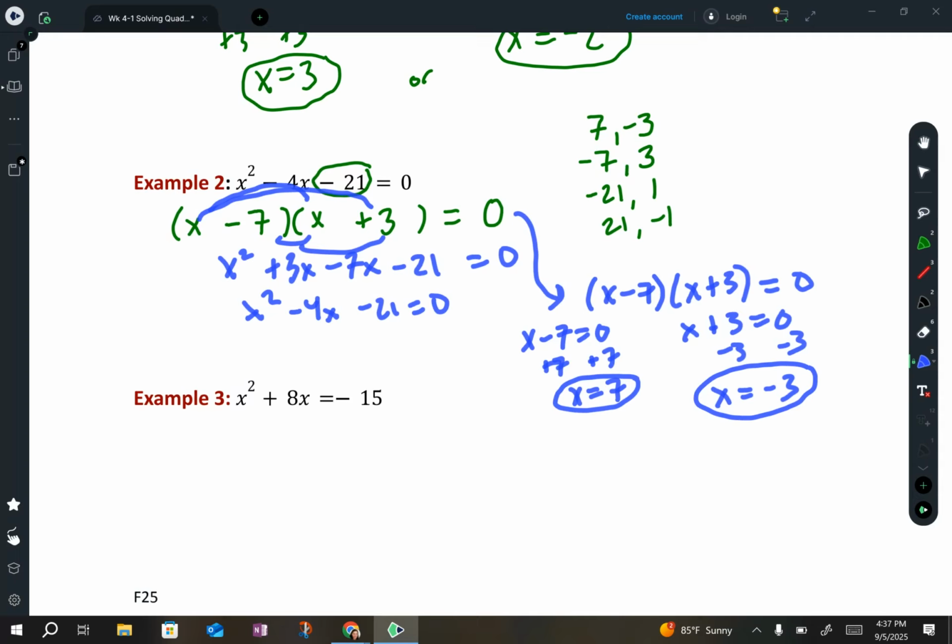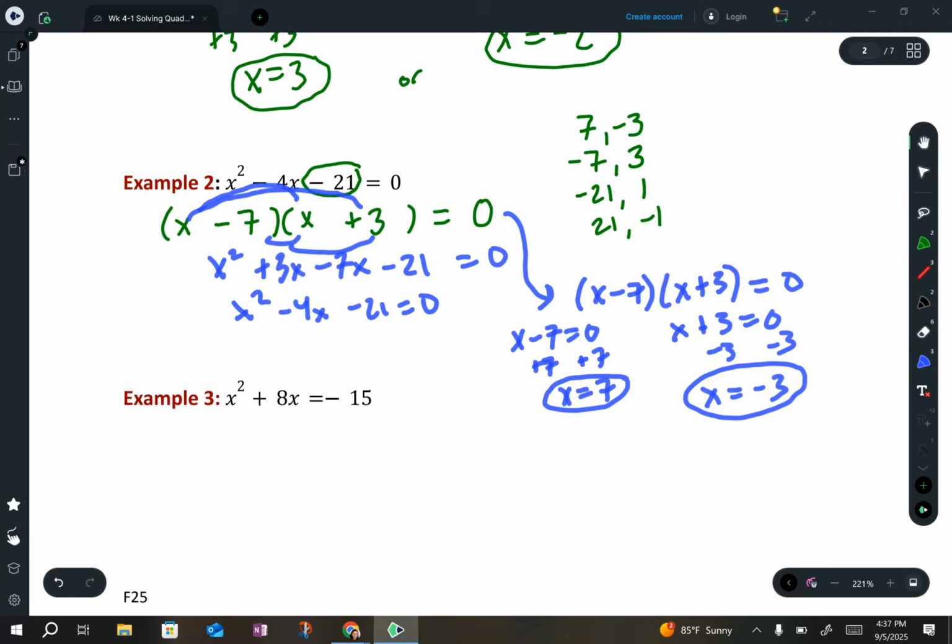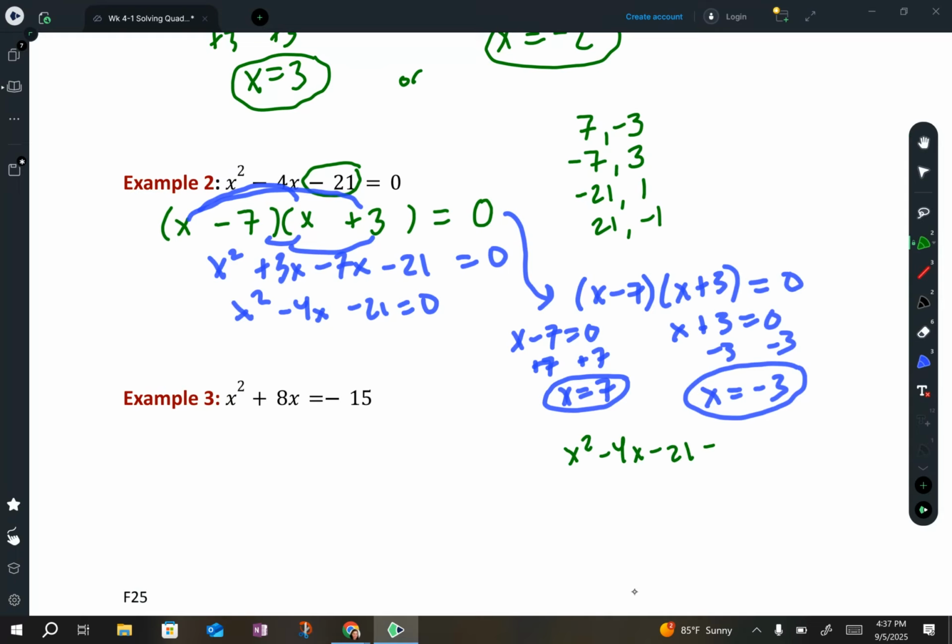x equals 7 or x equals negative 3. Right now, I'm going to check my work just really quickly in the space below here. Let's go back to our original equation, which was x squared minus 4x minus 21 equals 0. I can check my work with either. I'm going to go ahead and check it with 7 and let you check it with negative 3 on your own.